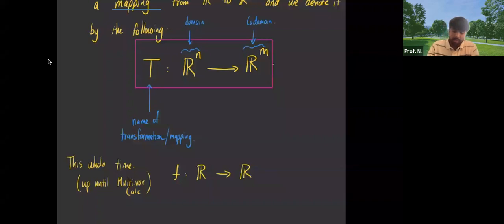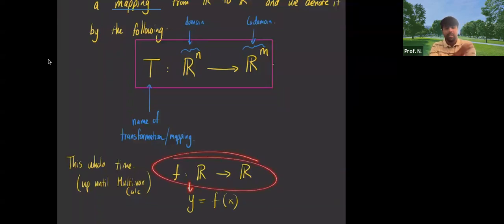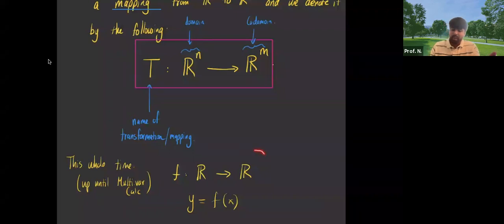Y equals f of x: x is one-dimensional, y is one-dimensional. You've been dealing exclusively with these functions for the longest time, since Algebra 1 and linear functions, all the way until Calc 2. But there's a plethora of other functions that exist, so as a general term we use the word mapping or transformation. Crazy, right?